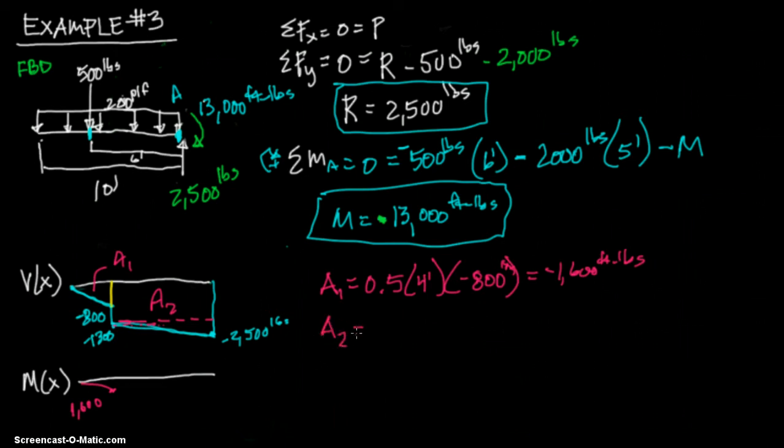Now A2 is composed of two different shapes. We will first do this shape right here. We'll leave the triangle for a second. And that is negative 800 pounds. It is 6 foot long. Let's just break it up into two. So 800 times 6 is 4,800.